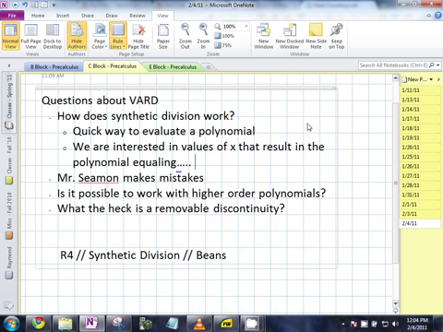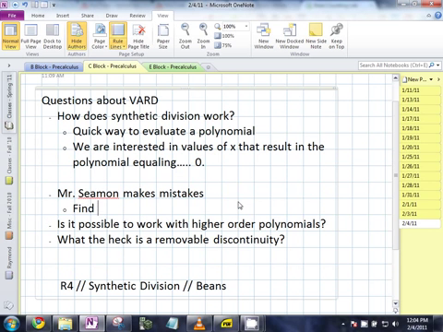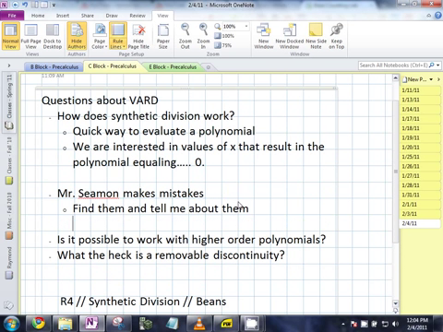We're really interested in values of x that, when you plug them into a polynomial, the polynomial equals 0. You've literally done that hundreds of times. Mr. Seamon makes mistakes. Find them and tell me about them. Okay? Find them. Is it possible to work with higher order polynomials?